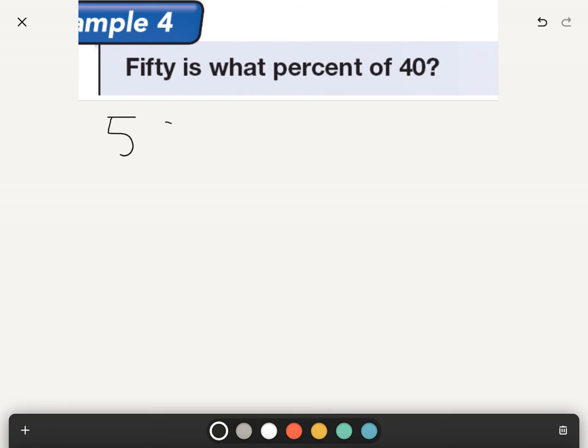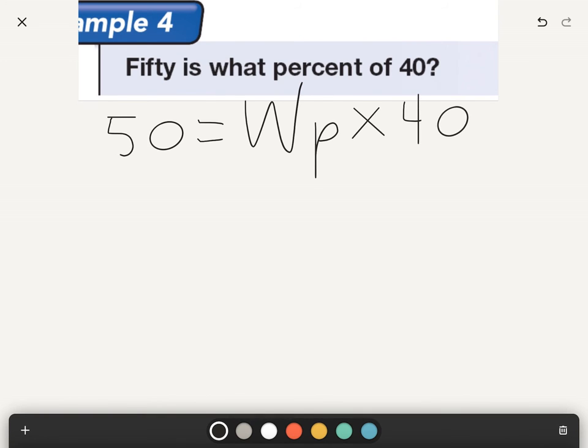50, and then is, so that's our equal sign. What percent of 40? We could also do what percent times 40 is equal to 50. That's not what it says though.